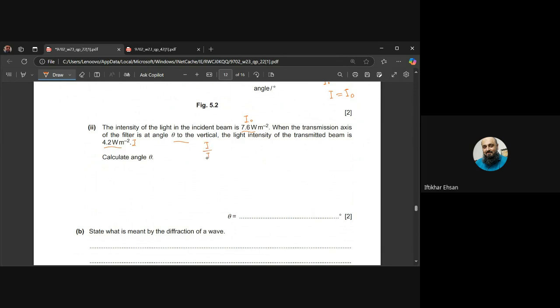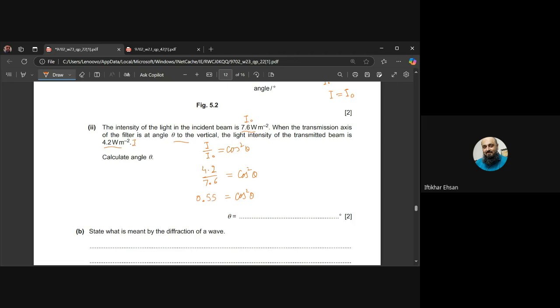I over I naught is equal to cos² theta. So I is 4.2, I naught is 7.6. Can you please share the value of 4.2 divided by 7.6? 0.55.